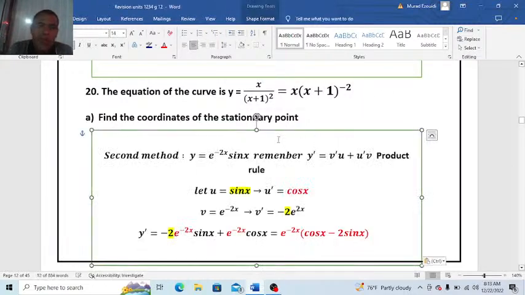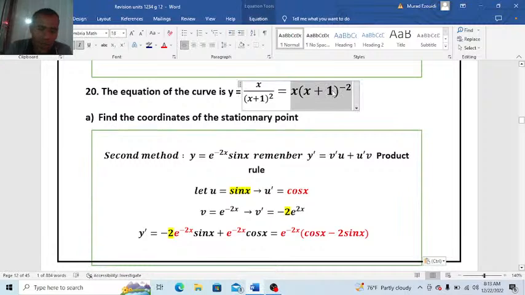Okay, now which rule will I use? Let's say the product rule. I will suppose that y is equal to this.